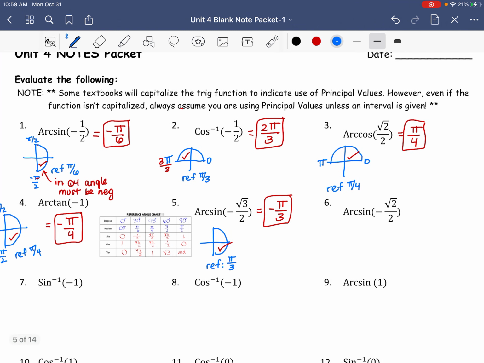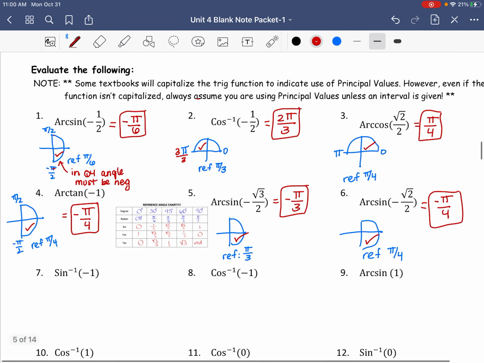Try number 6. Arc sine, quadrants 1 and 4. It's negative, quadrant 4. My reference angle is pi over 4. My answer, because I'm in the 4th quadrant, is negative pi over 4.